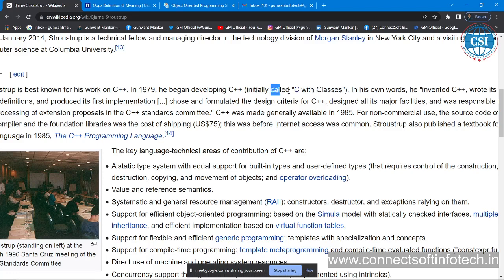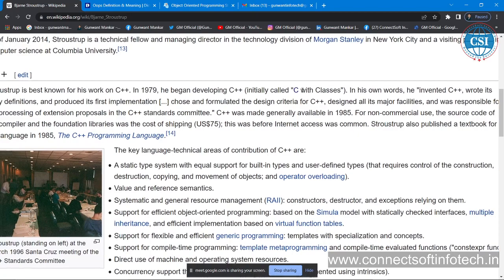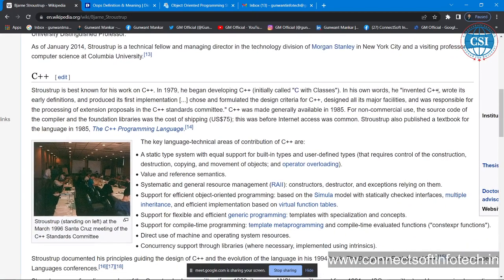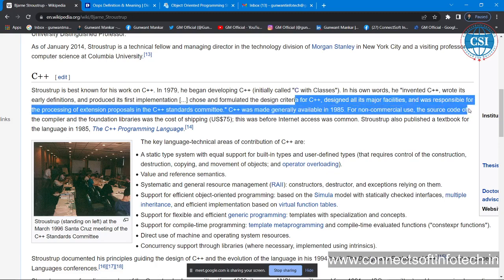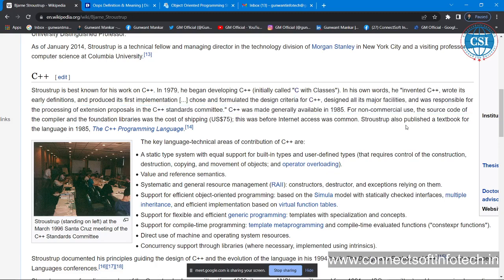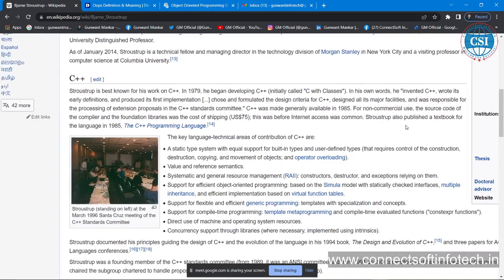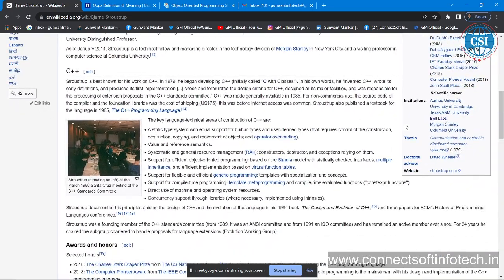He invented C++, wrote its early definition and produced the first implementation. He is responsible for this.